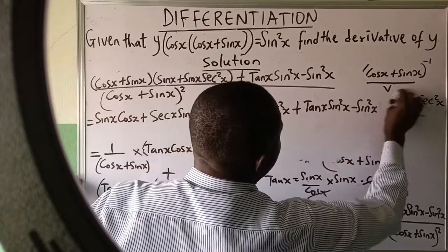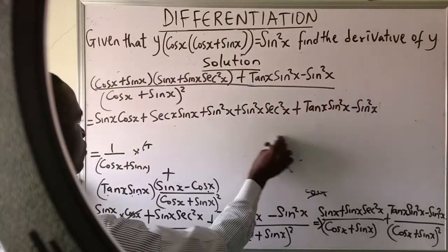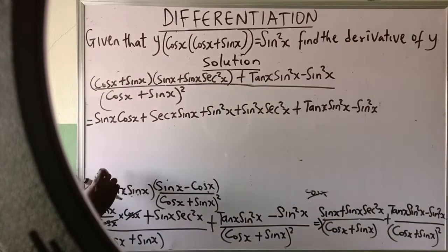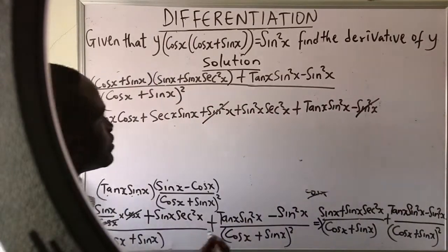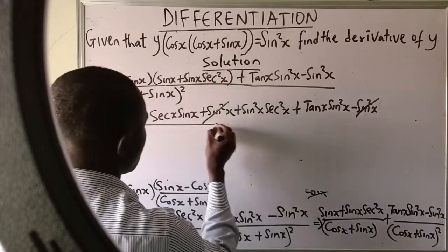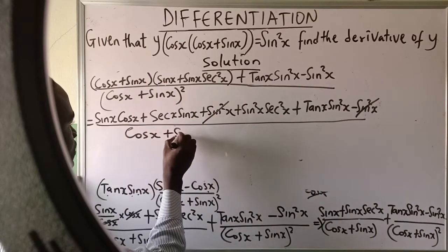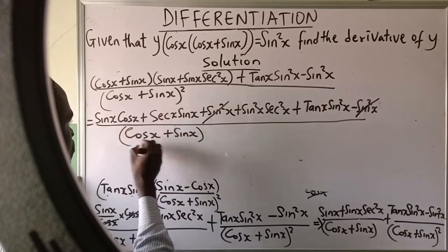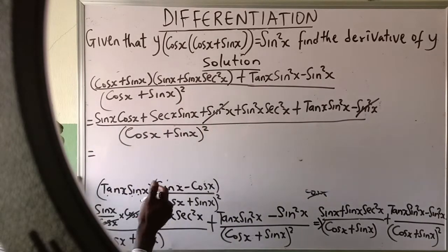Okay, so at this point we will be rounding off. We now have that this will subtract this all over cos x plus sin x squared. So when they subtract, you have this.